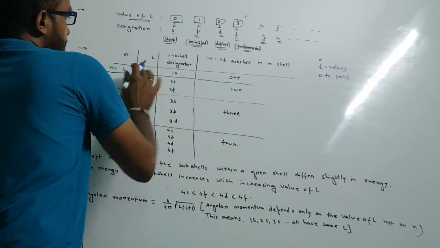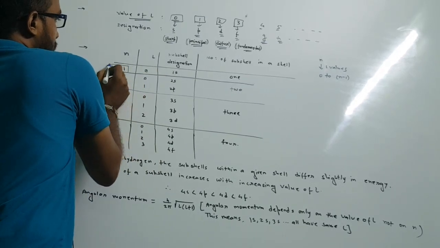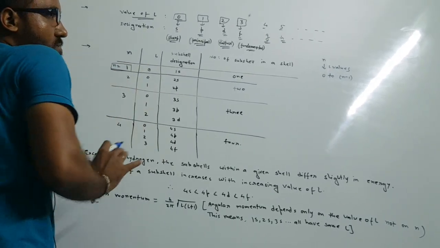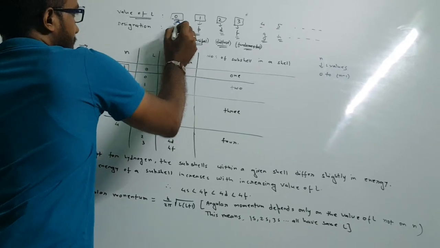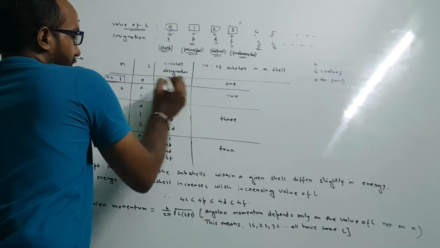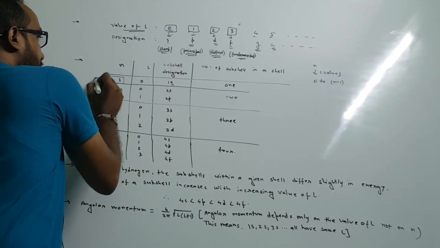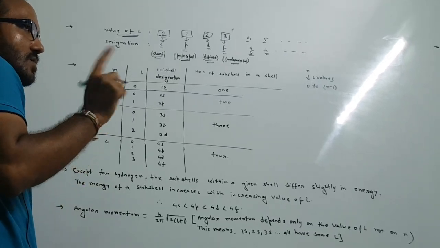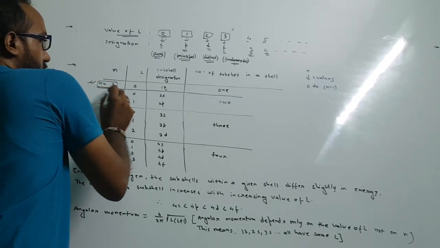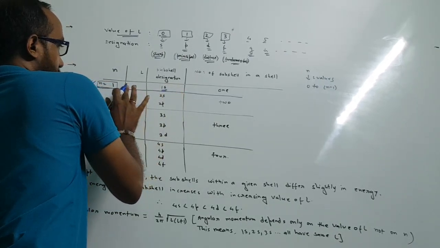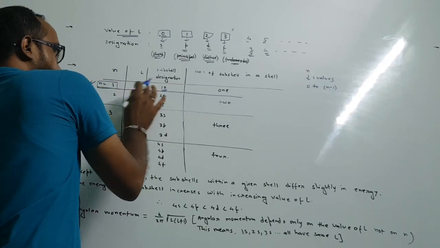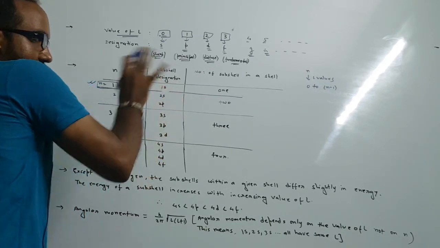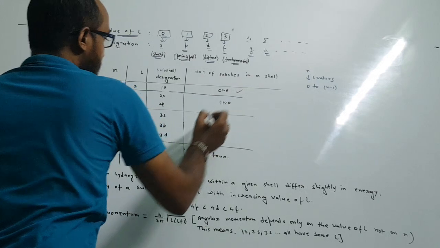How to represent this 0 and n equals 1? 0 stands for S, and it is the first orbit. So n equals 1 and L equals 0 is represented as 1s. So the number of subshells is 1.